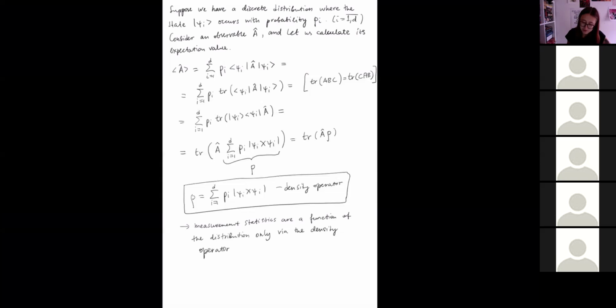And so let us look at a couple of examples of density matrices. So the first example are so-called pure states. Pure states correspond to the following situation. Suppose that the system S is in the state psi.